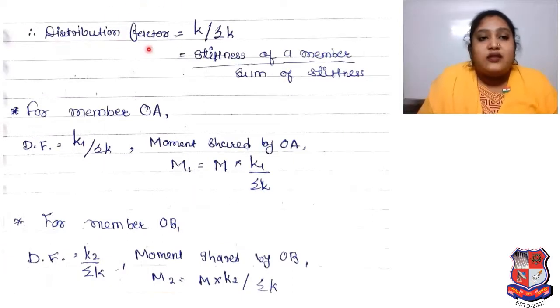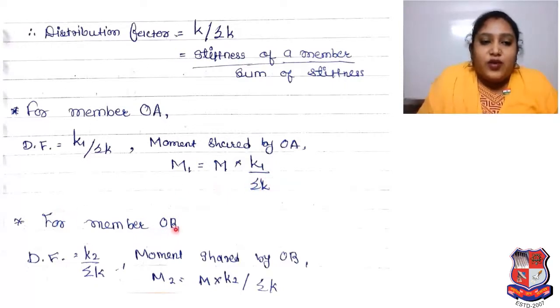Therefore, the distribution factor will be K upon summation of K, that is, the stiffness of a member upon the sum of stiffness. For member OA, the distribution factor will be K1 upon sigma K. So the moment shared by OA, M1, is equal to M into K1 upon sigma K.